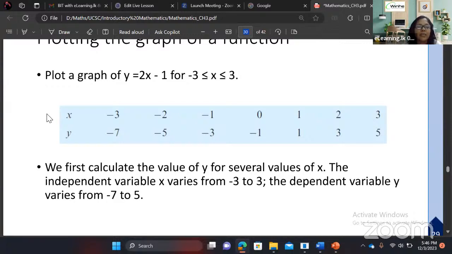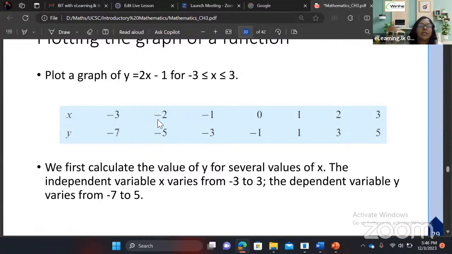By finding these values, here you can see, as we discussed earlier, when x is minus 3, y is minus 7. It's just like the coordinates of a point, right? The point is representing minus 3, minus 7. When x is minus 2, y is minus 5.